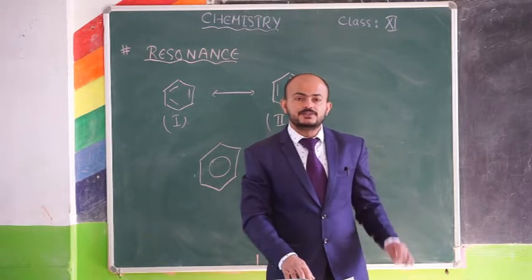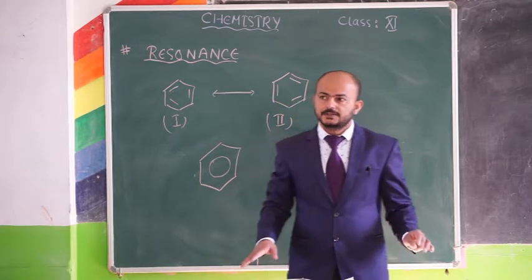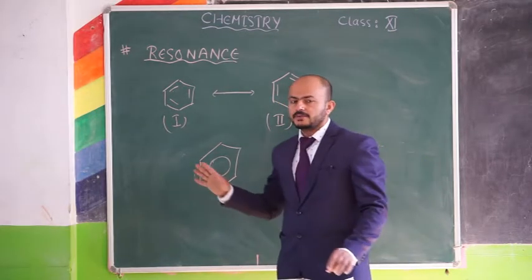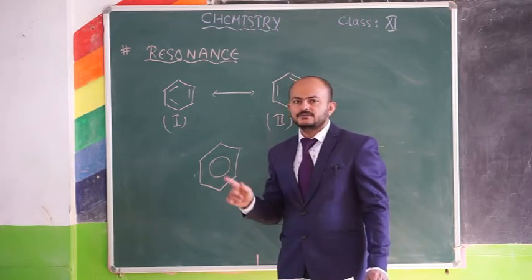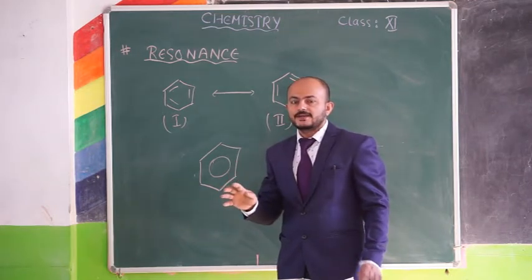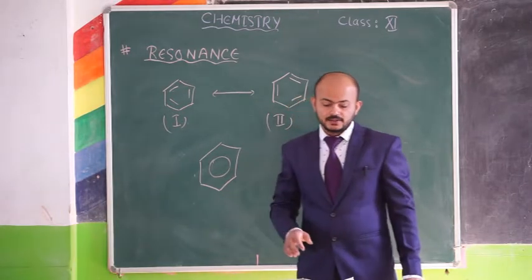And this phenomenon is known as resonance effect, resonance or mesomerism. Hope this is clear. Now you have to remember that wherever resonance is possible, that particular compound is highly stable.